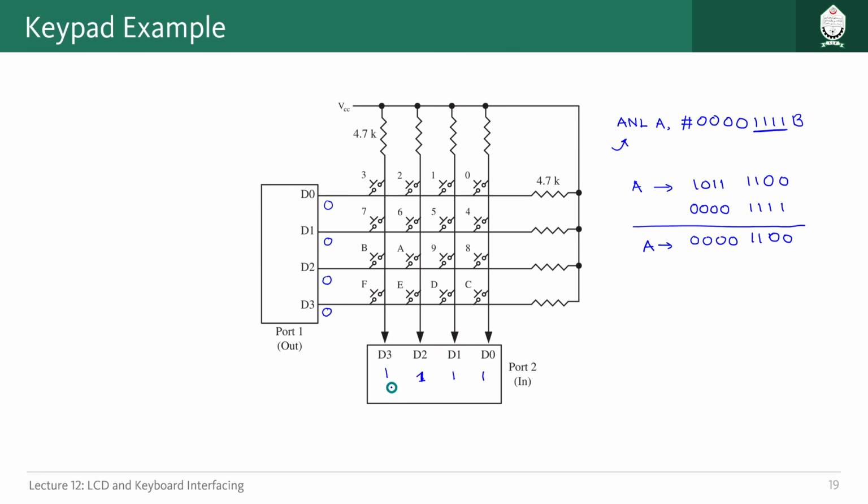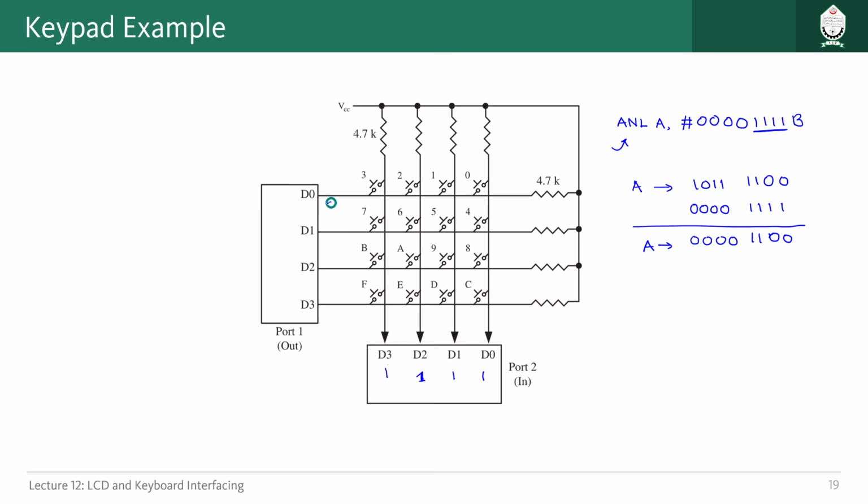So anything other than 111, obviously a key has been pressed. But after we have confidently detected that, we will try to find out in which row that key is located.